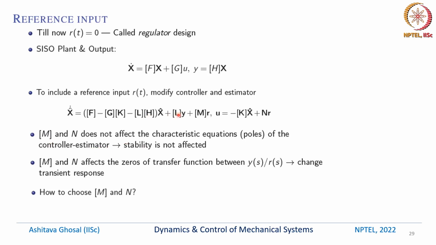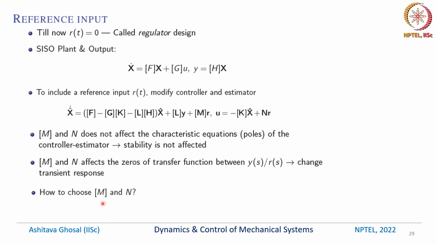So these matrices M and N do not affect the characteristic equation or poles of the controller estimator. So the stability is in no way affected when we choose some M into r and N into r. The M and N affect the zeros of the transfer function between y and r. So they change the transient response.